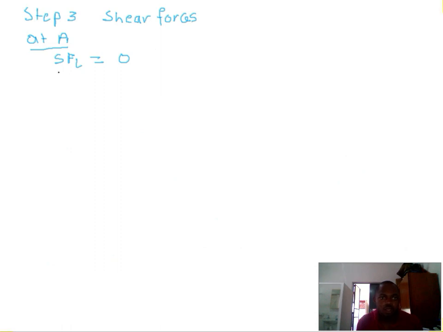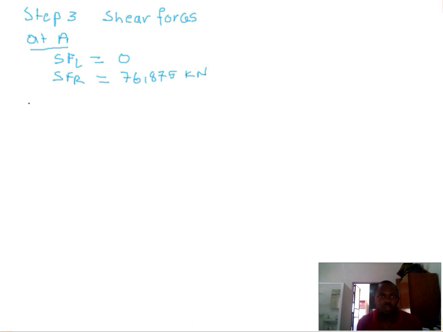And the shear force at A right is equal to the reaction at A, which is 76.875 kilonewton.